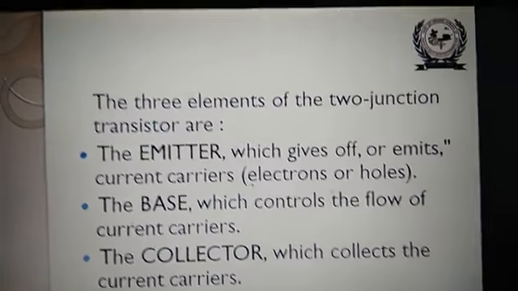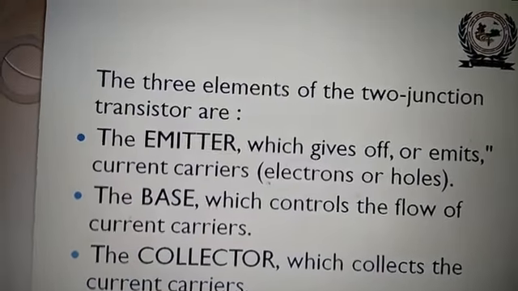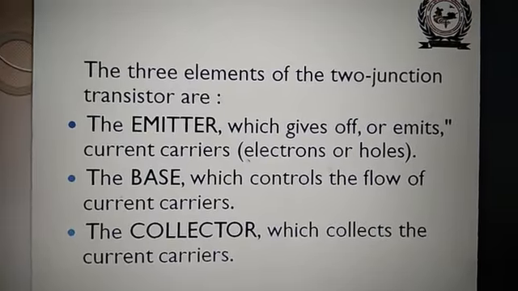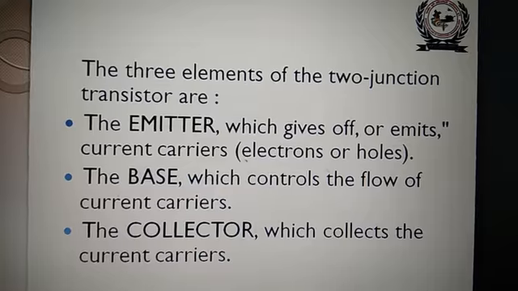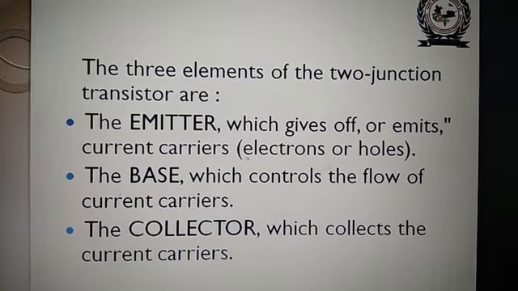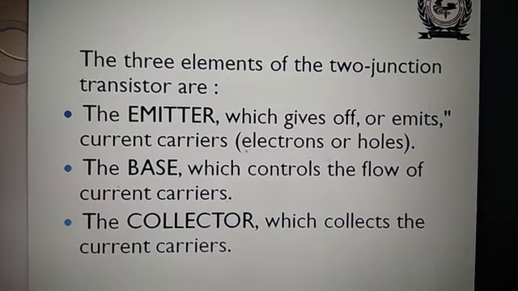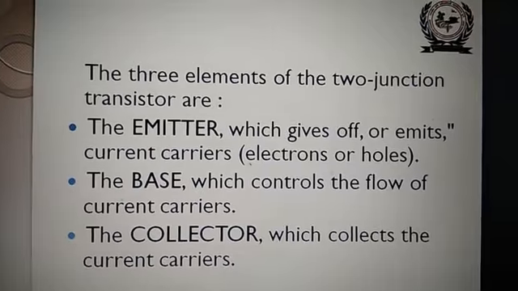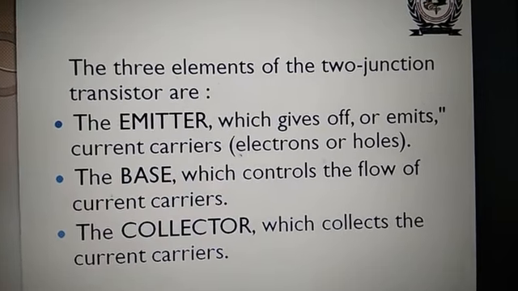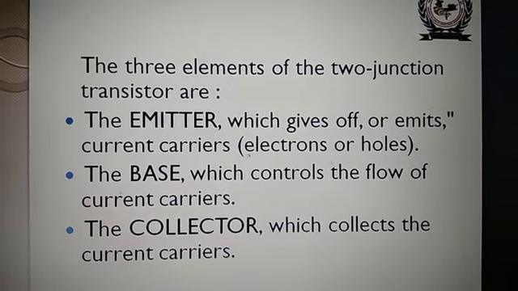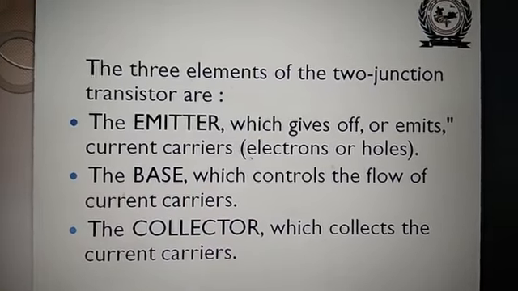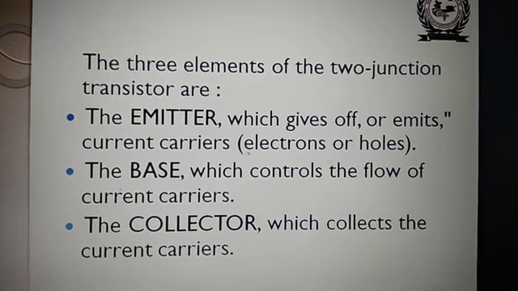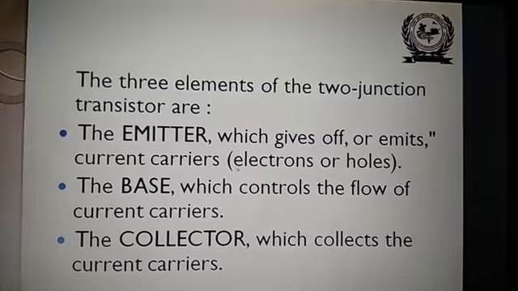The 3 elements of the 2 junction transistor: this transistor has 2 junctions, while the diode had 1 PN junction, either silicon type or germanium type. Similarly, this transistor has 2 PN junctions, equivalent to 2 diodes, but physically you cannot form it by connecting 2 diodes. It is fabricated.